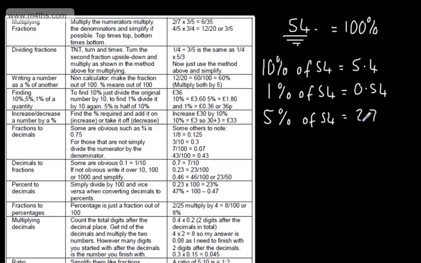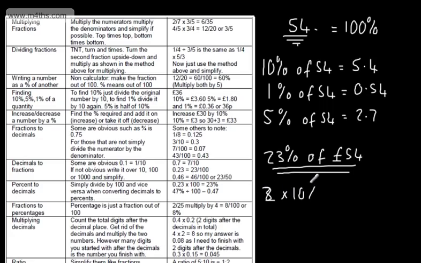So if we're asked to find, for example, 23% of £54 without a calculator, we can do two lots of 10%, and then we can add to that 3 lots of 1%.